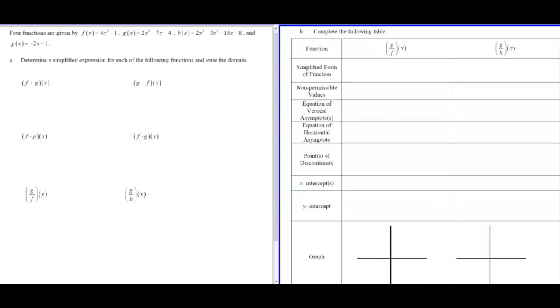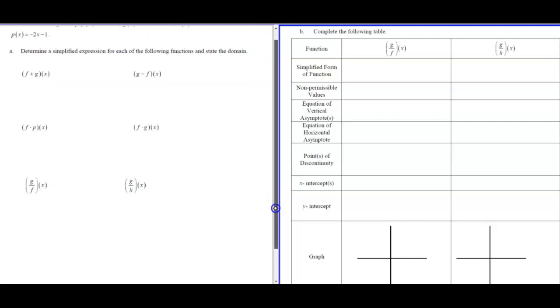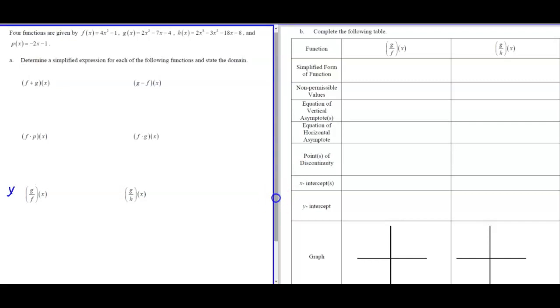The properties are going to be in the chart. Okay. So we're going to do those because this is a good review for that unit that we did, the rationals unit this year as well. So here we're going to do this one, which is at the top of your second page, and this one.